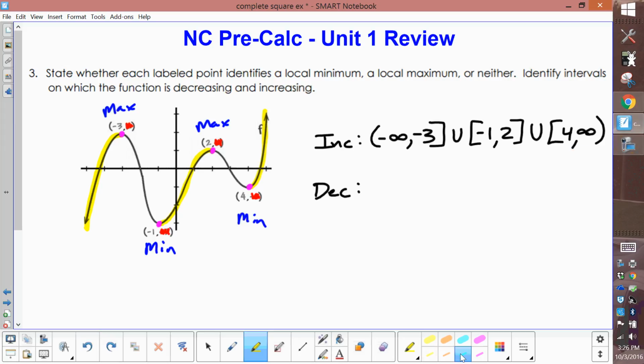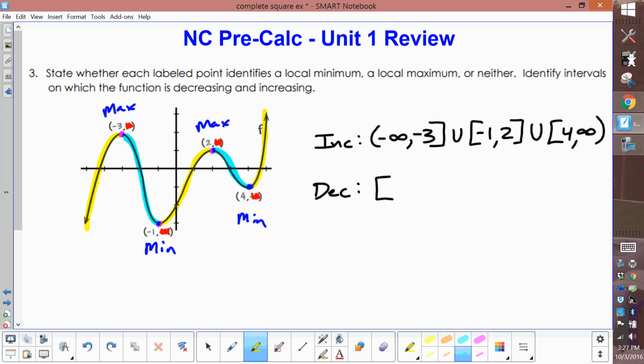Okay, decreasing. You'll notice going from left to right, my graph is decreasing from here to here. And then again, at 2, it starts decreasing to 4 here. So those blue intervals will be close bracket.